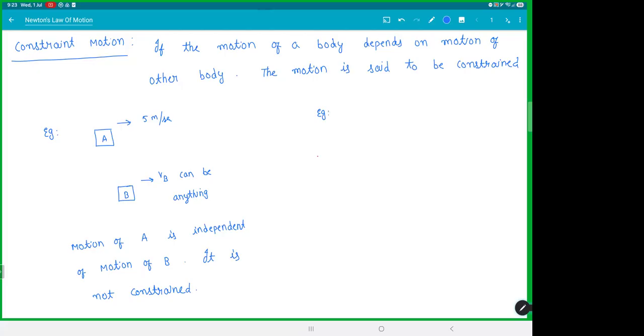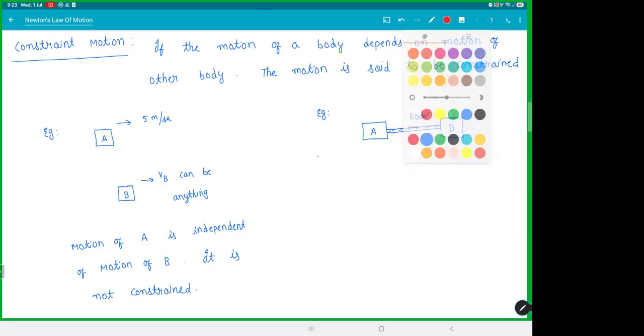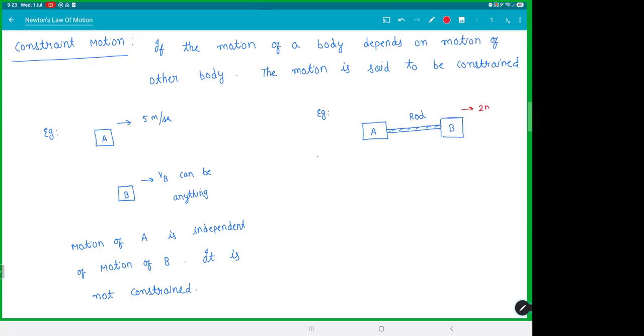But the same thing, you have A here, and let's say both are connected by a rod. Let's say the rod can't break. Now, the moment you say this B is going with 2 meters per second, A really doesn't have a choice.